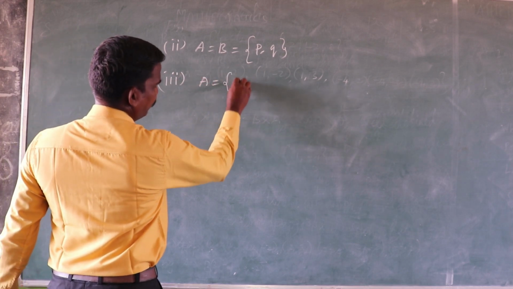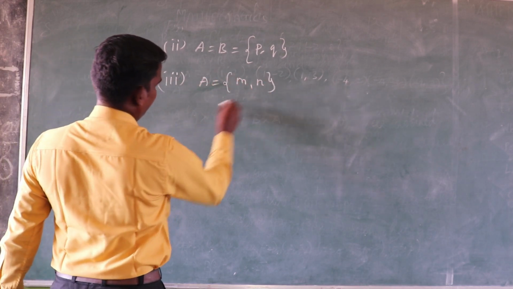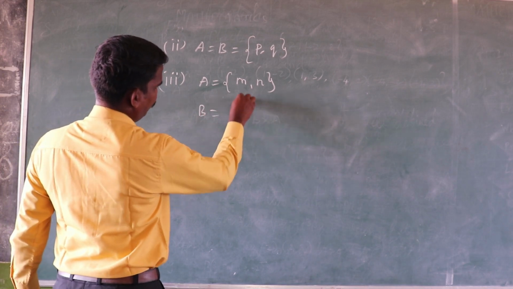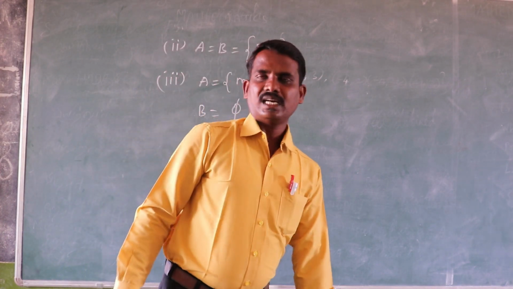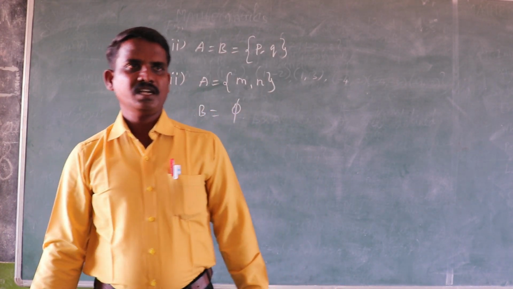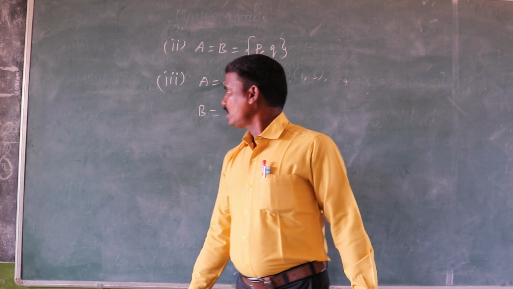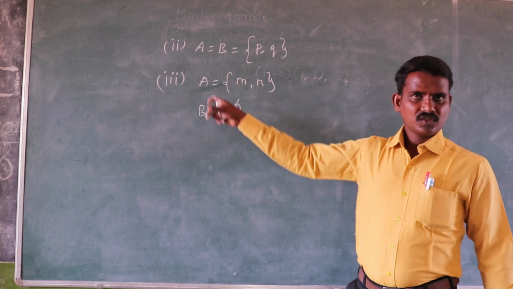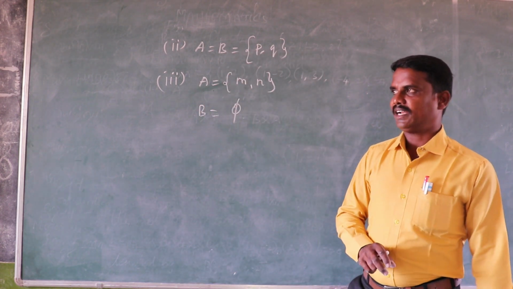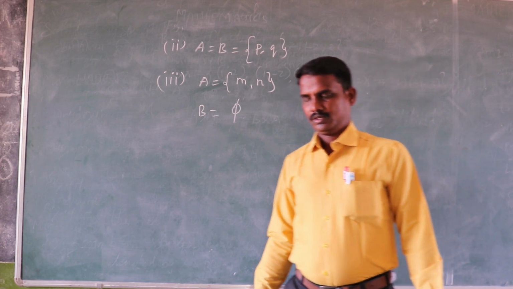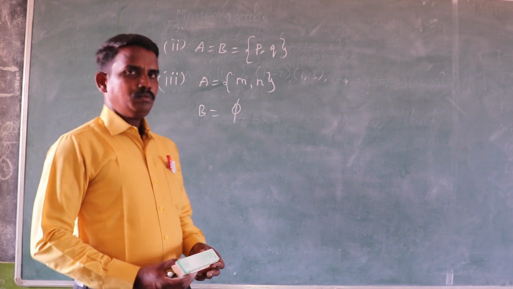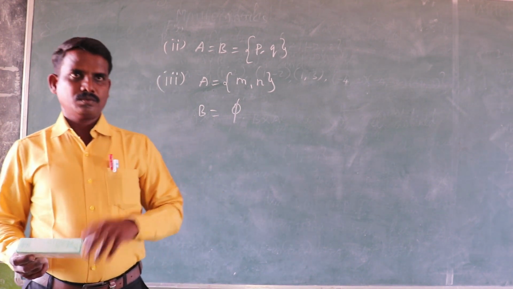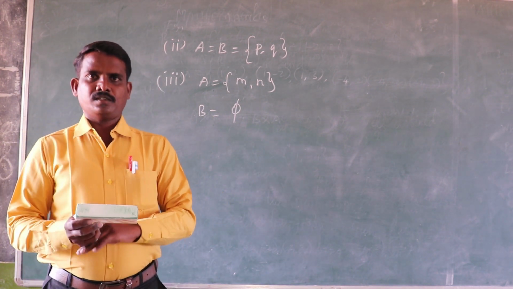Given the set A, M comma N, and set B, empty set. Set B is the empty set, that means no elements in the set. So can you write any Cartesian product for A and B? See the definition. What is in the definition?